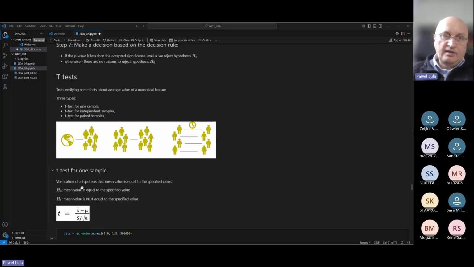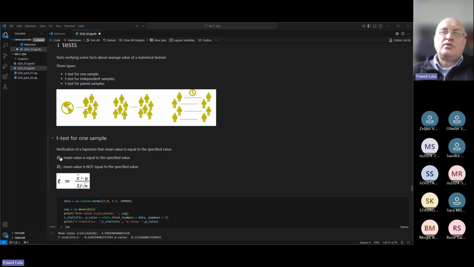It is a hypothesis saying that the mean value in the population is equal to a specific value. So the zero hypothesis says that the mean value is equal to the specific value, and the alternative hypothesis says that, of course, it is not true, that the mean value is not equal to the specific value.